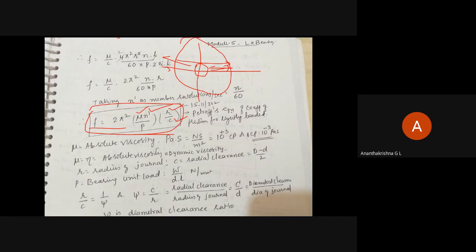Is that okay? So this is the equation for fluid friction using Petrov's equation, right? And suppose if the coefficient of viscosity is given in terms of centipoise, you just multiply that with 10 power minus 3 for getting it in Pascal second.